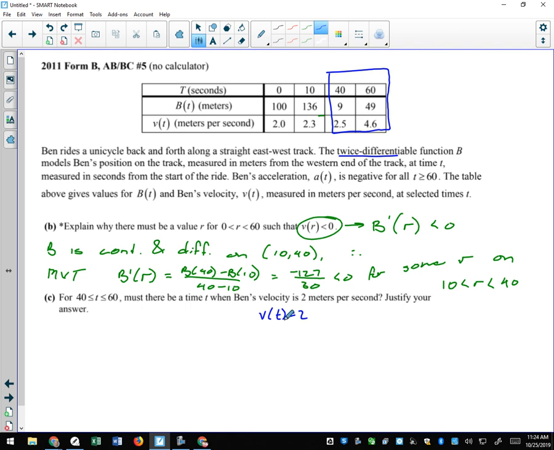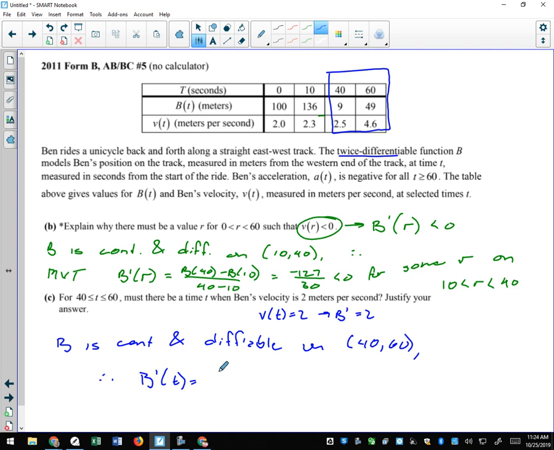So again, we need b prime to equal 2, which would be a mean value, and from 40 to 60, the slope is 2. So again, b is continuous and differentiable on the interval 40 to 60. Therefore, b prime of t must equal b of 60 minus b of 40. What did I do wrong?